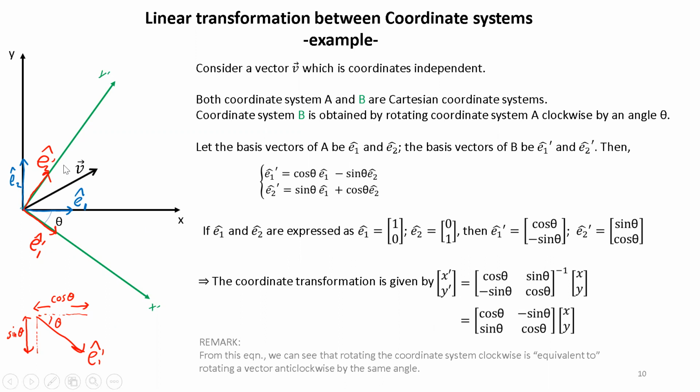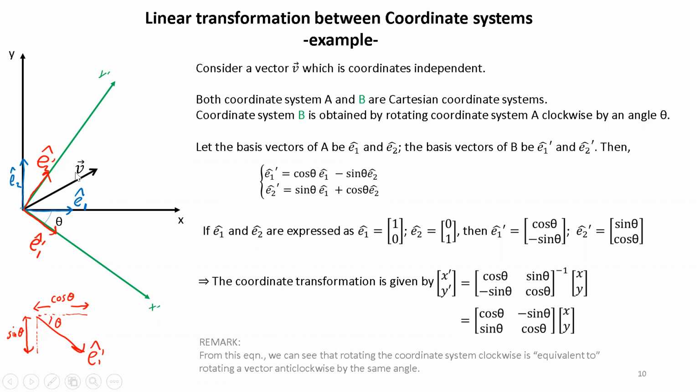But here we are rotating the coordinate system by theta clockwise. What it really tells you is that rotating the coordinate system clockwise is equivalent to rotating the vector counterclockwise.